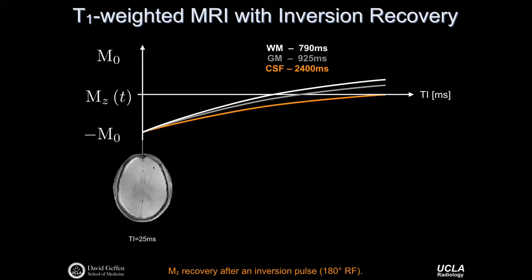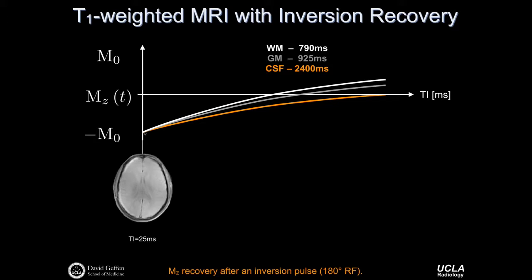And the image that we would obtain at that point would be relatively flat in its image signal intensity, because all tissues have the same amount of Z magnetization, if you will. Now, the actual process of imaging requires generating transverse magnetization. MR is only sensitive to detecting the transverse magnetization, something we'll discuss later.